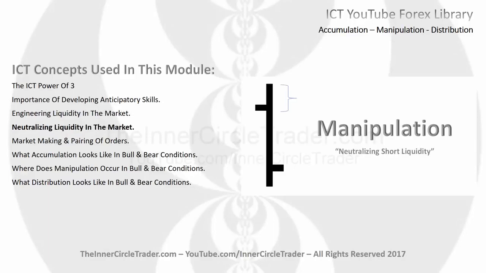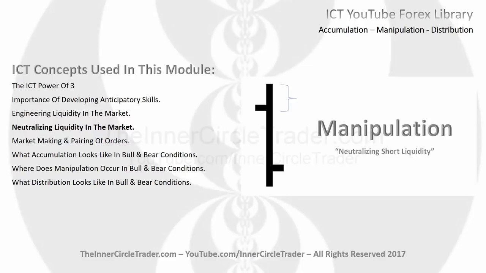Another form of manipulation would be neutralizing short liquidity. In other words, those individuals that would already be short in the marketplace that would otherwise profit from the coming decline are knocked out by having their buy stops tripped.